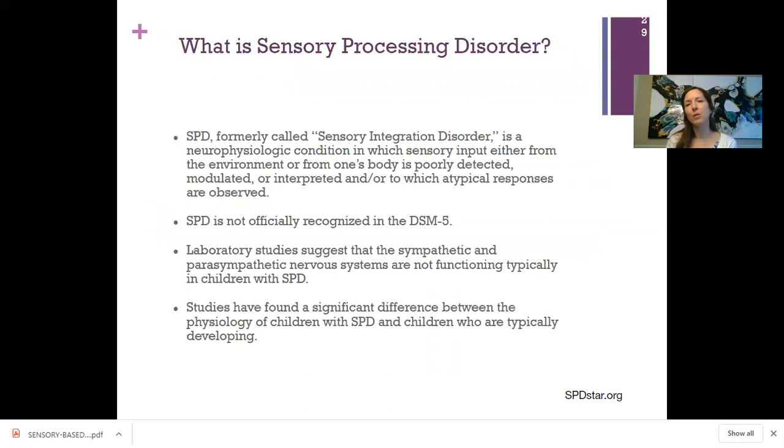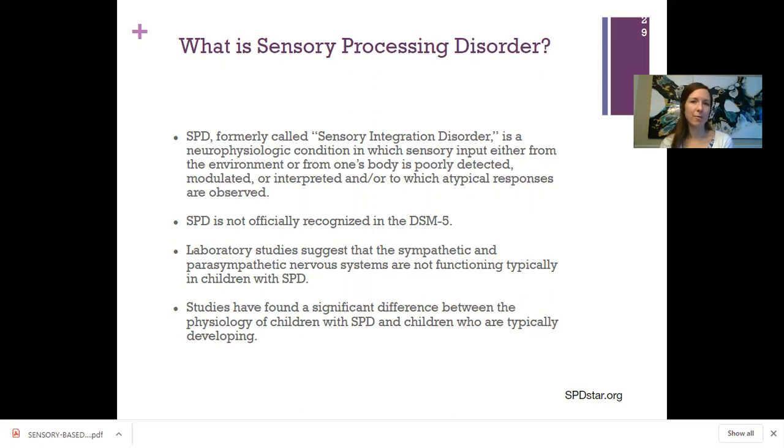Sensory processing disorder used to be called sensory integration disorder. It's a condition in which sensory input, either from the environment or from one's own body, is poorly detected, modulated, or interpreted, and you get atypical responses because of that. It is not officially recognized in the DSM-5, and like I said before, laboratory studies suggest that sympathetic and parasympathetic nervous systems are not functioning typically in children with SPD.